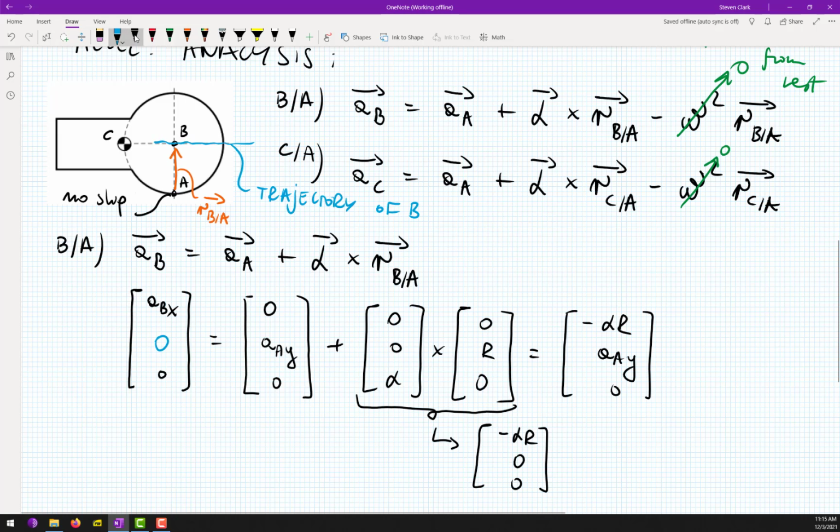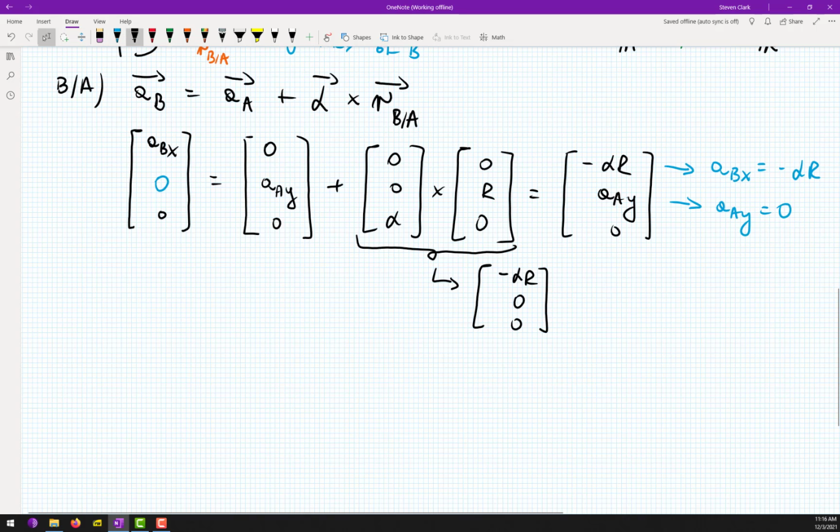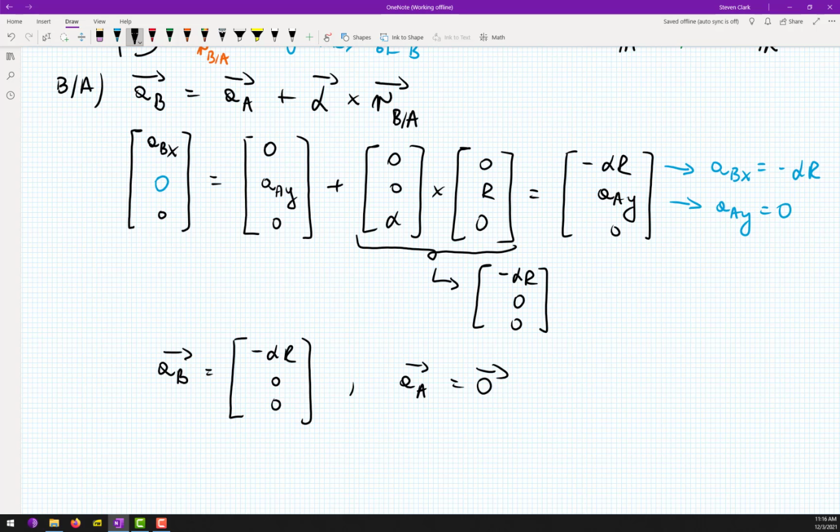And you can see that based on the first component, we have that ABX is minus alpha R. And as promised, AAY is 0, which was expected because system starts from rest. Okay, so we have AB is equal to minus alpha R, 0, 0, and AA is just 0 vector. Any questions to what happened so far? No, of course not. Okay.